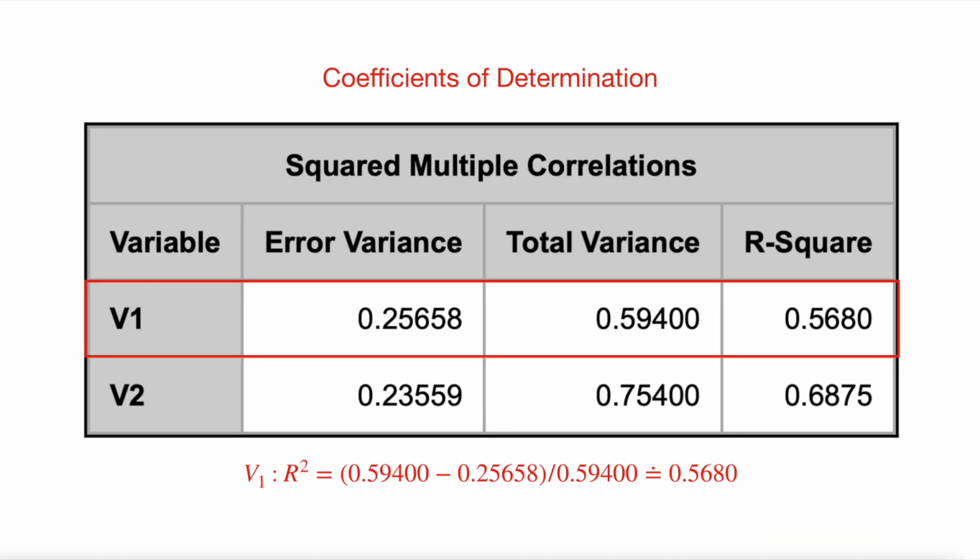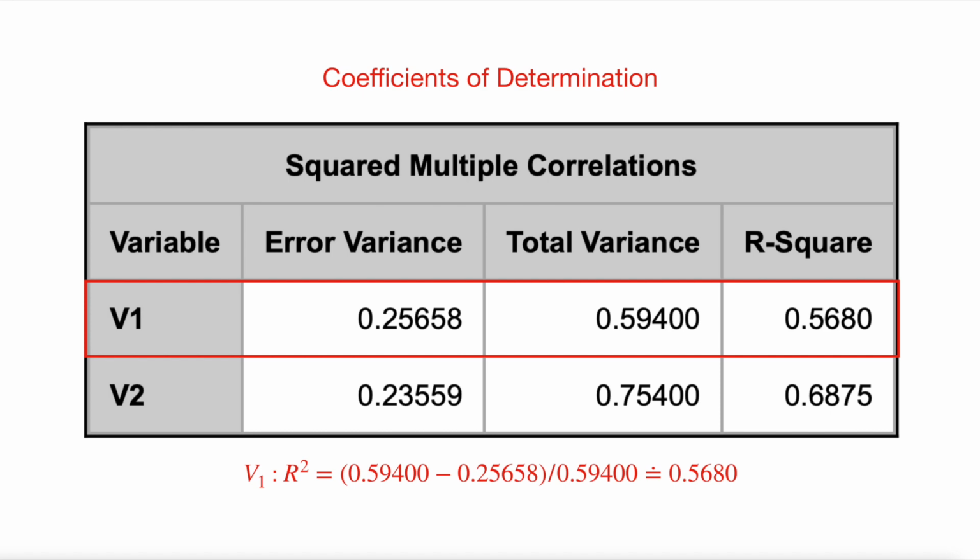Next, we have a table of squared multiple correlations. These are the coefficients of determination. And so the coefficient of determination, the r-squared value for response variable v1, is obtained by taking the total variation minus the variation in the error term, and then dividing that difference by the total variation.